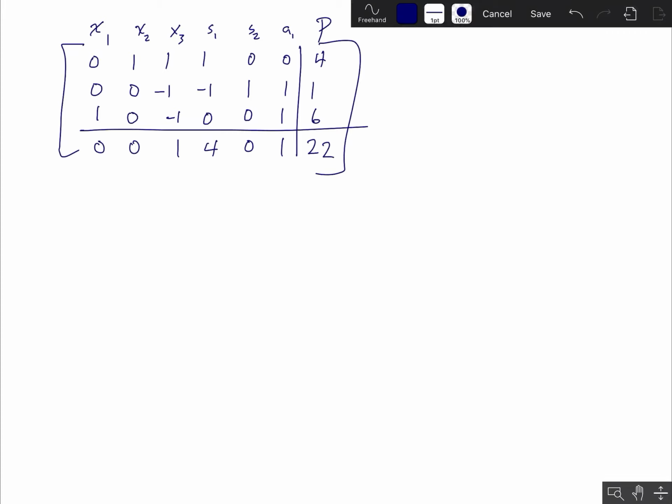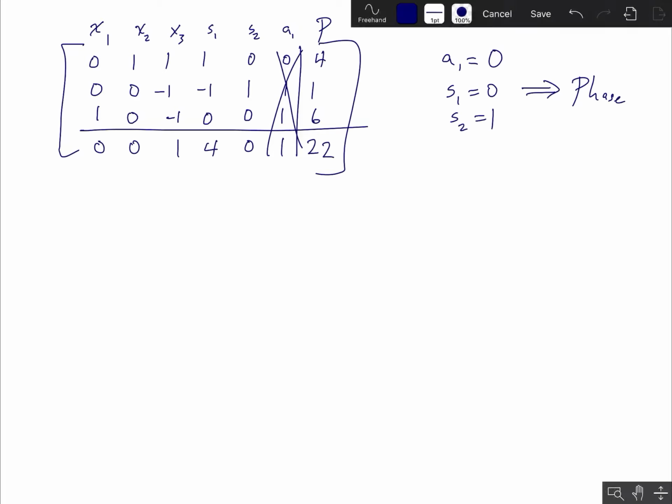Okay, so now we need to check to make sure that we're not in phase 1. Let's think about what the value of A1 is. Notice that A1 is equal to 0 because it's a non-basic column, so we can actually just delete this column altogether. Now we also have that S1 is equal to 0 and S2 looks like it's equal to 1. So none of these are negative, which means that we're no longer in phase 1.